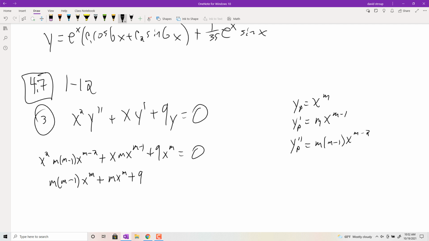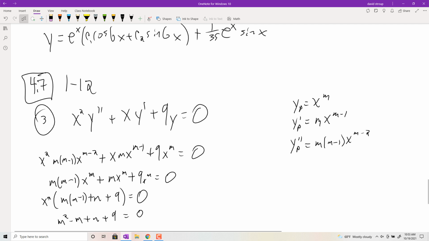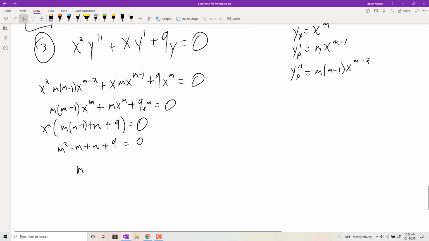Same for the other term. Then you can factor out the x to the m, and you're left with the auxiliary part here. You can throw away the x to the m part, so you have m squared minus m plus m plus 9 is 0. And the m's cancel this time, so I have m squared plus 9 is 0.